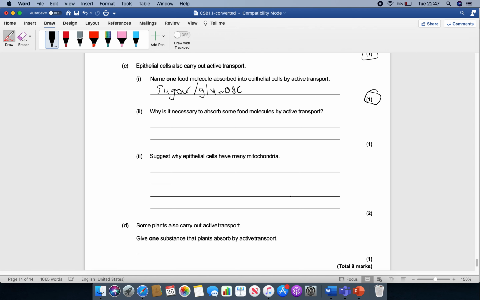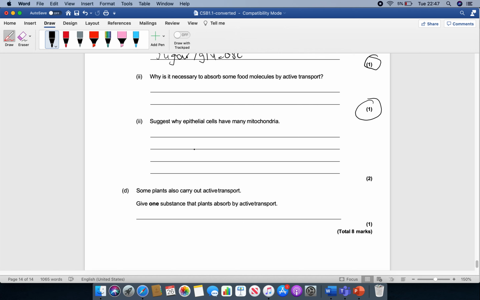Next question. So why is it necessary to absorb some food molecules by active transport? Because remember, active transport happens against the concentration gradient from an area of low concentration to higher concentration. That will give you 1 mark. Next question, our penultimate question. Suggest why epithelial cells have many mitochondria.